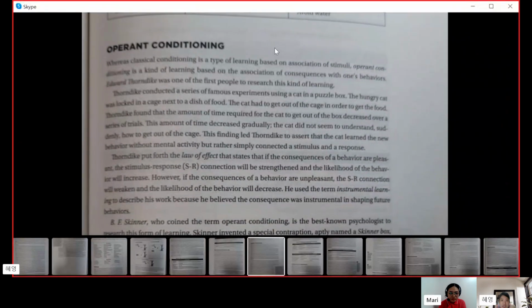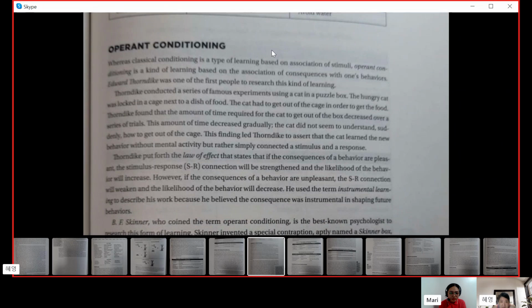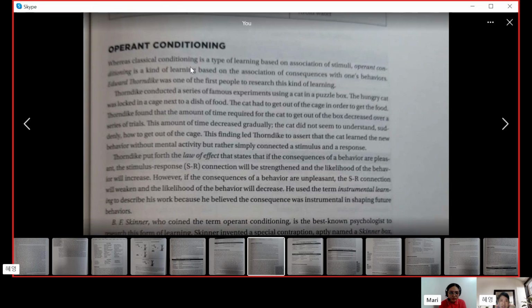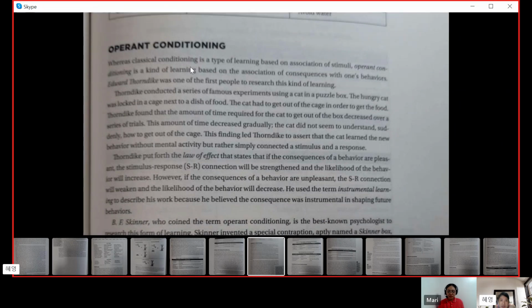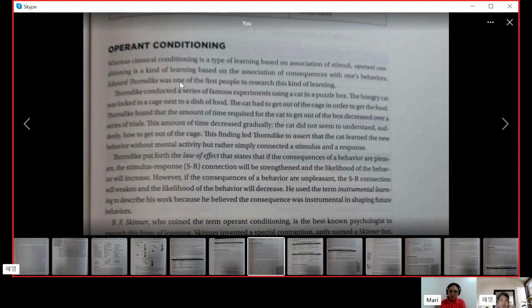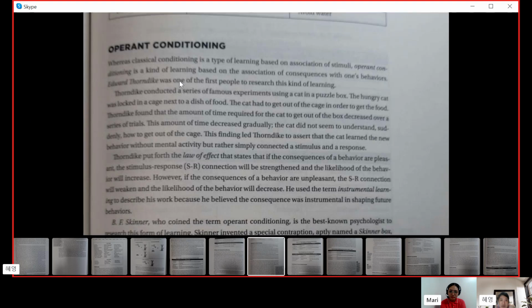And operant conditioning. Whereas classical conditioning is a type of learning based on association of stimuli, operant conditioning is a kind of learning based on the association of consequences with one's behaviors. Edward Thorndike was one of the first people to research this kind of learning.